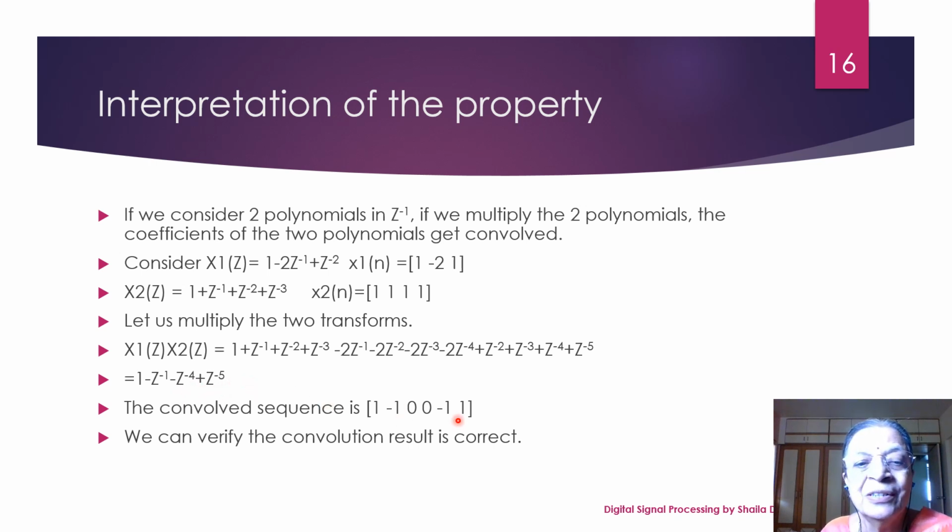So the sequence will be 1, minus 1. There is no term for z raised to minus 2 and z raised to minus 3, so I will write 0, 0 here. Z raised to minus 4 is minus 1, and z raised to minus 5 is 1. So this is the resulting sequence. The viewer can verify whether this sequence is the convolution of these two sequences. Just carry out a convolution and check whether the result is this.